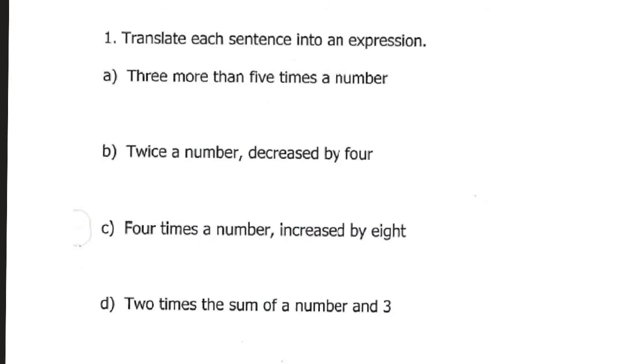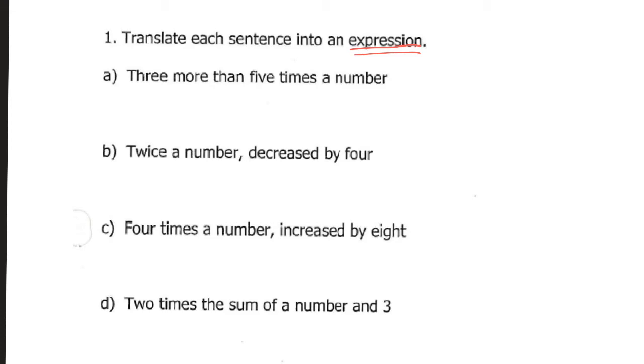What you see on the screen right now is an instruction that says translate each sentence into an expression. So what we're going to do is take all 4 of these sentences, and we're going to change them into a mathematical expression. So the key thing for us, and if you can go up and just underline that word expression, that is super important to us.